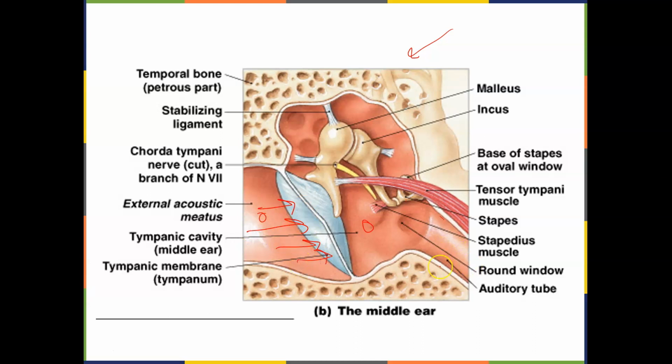When you hold your nose closed and you blow air, you're literally blowing air into the tympanic region here, and that pushes on the tympanic membrane internally, allowing it to pop out and equilibrate.